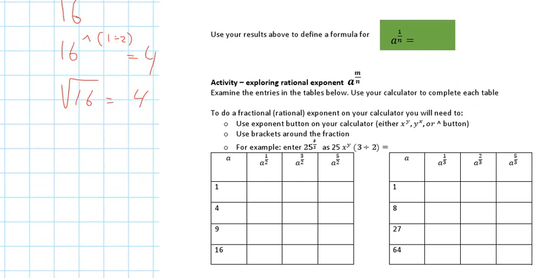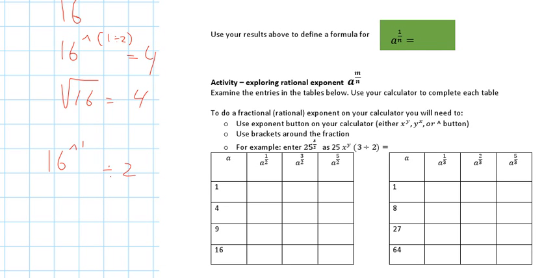Sorry, can I ask you a quick question? Please, go ahead. I did 16 raised to the power of 1 divided by 2 and I just got 8. When I put it in bracket, I got 4. What's the difference? Because you have to put the bracket. Otherwise, what the calculator is doing is 16 to the power of 1, and then dividing by 2.